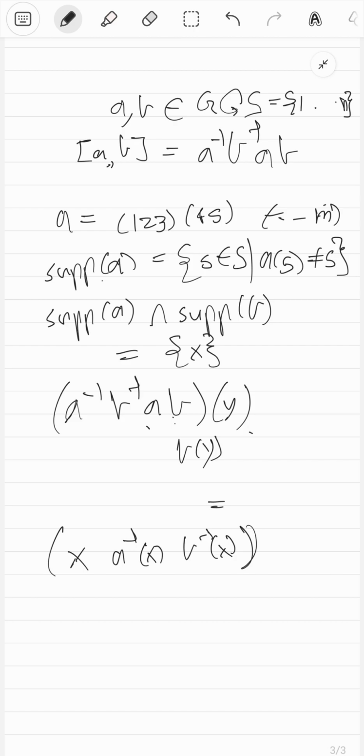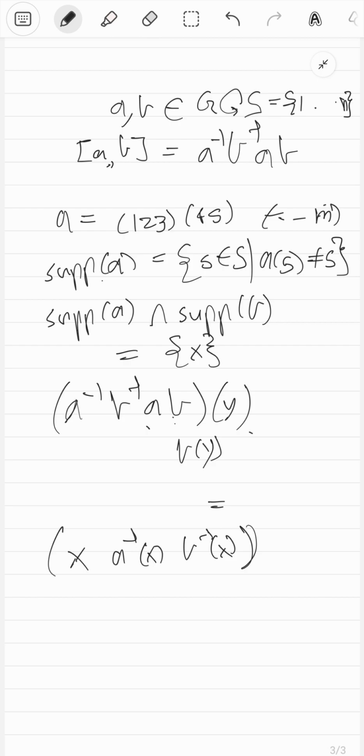Well, b of y should not be in the support of a, right? And obviously y, if it's in the support of b, must not be in the support of a. So apart from x, there cannot be any other element which is in the support of both a and b.